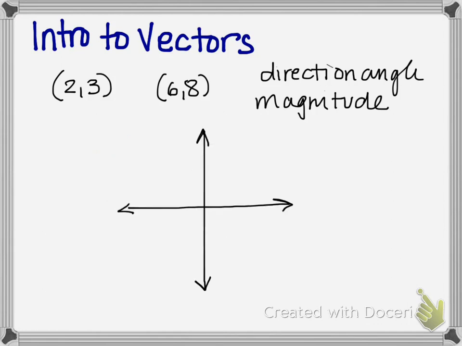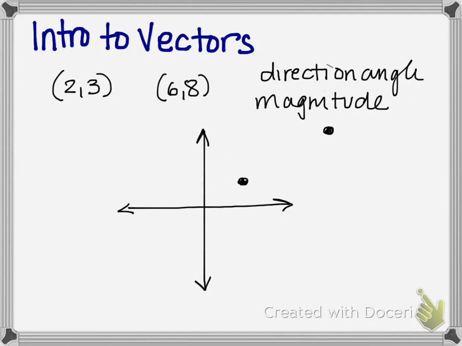Now say I've got 2 points that determine a vector. Like I've got these 2 points here, (2, 3) and (6, 8). We'll graph those. So I'll do a rough graph here, with (2, 3) here on this xy axis, and (6, 8) up here to the right.